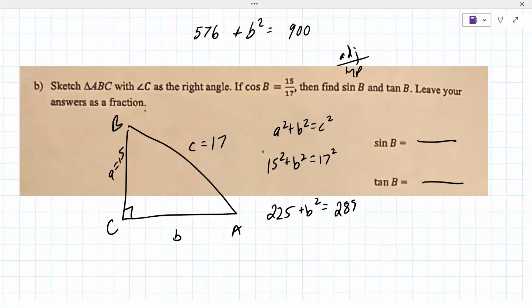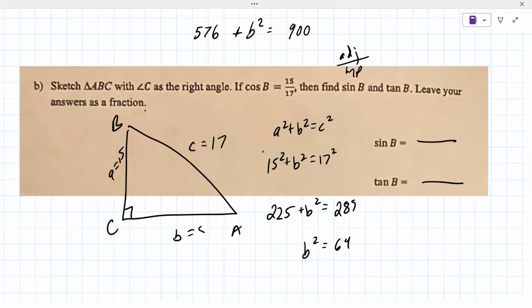I'm pretty sure it's 149, but I'll use the calculator to be sure. 17 times 17 is 289. All right, I was pretty off on that. Then b squared equals 289 minus 225, which is 64. Square root of that, b equals 8.